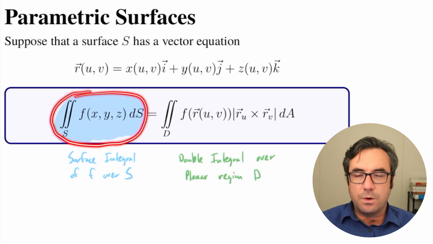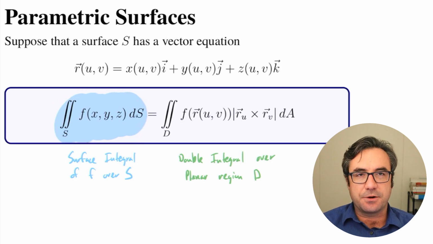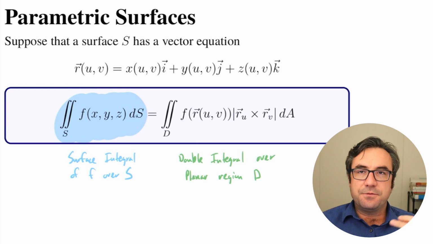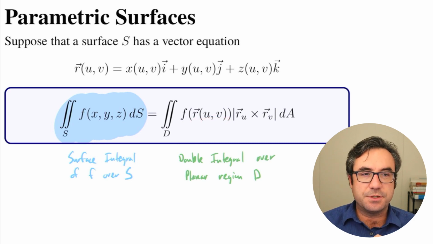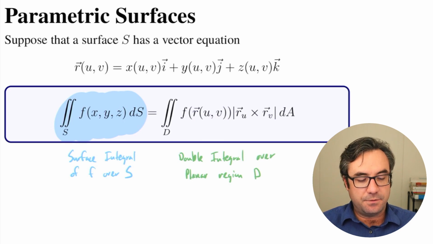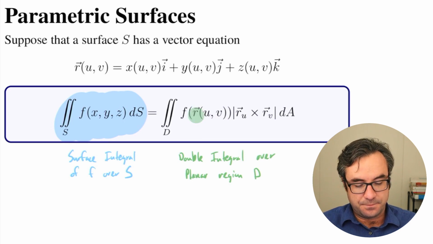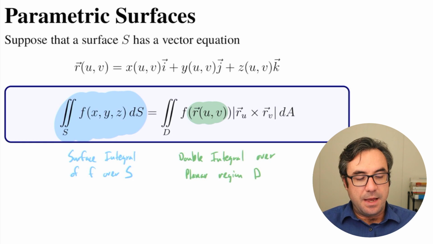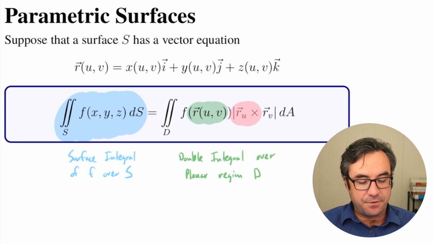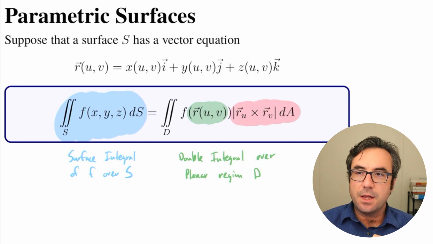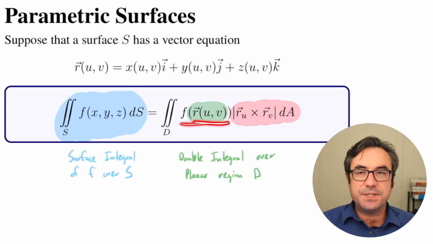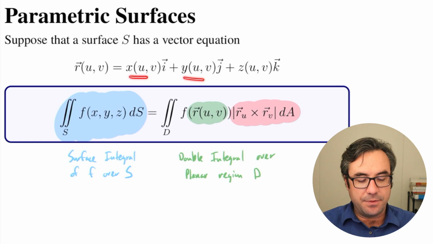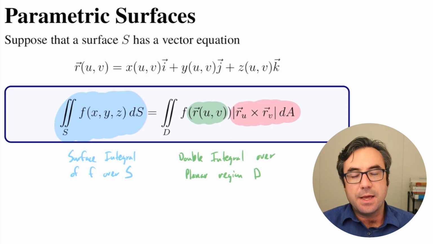So what we're going to calculate here, this surface integral, there's a few things we have to do. We're going to plug the parameterization into our function. And then we also have to convert the differential. So when we have our function, wherever we see an x, y, or z, we're going to plug in the component functions that we have.